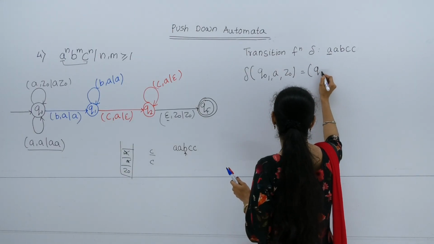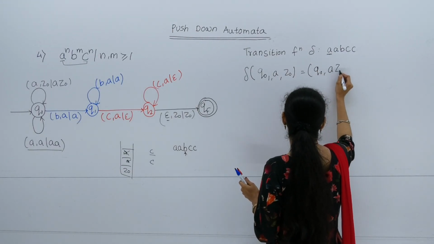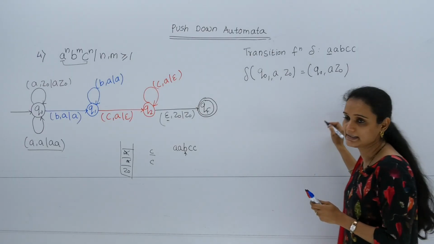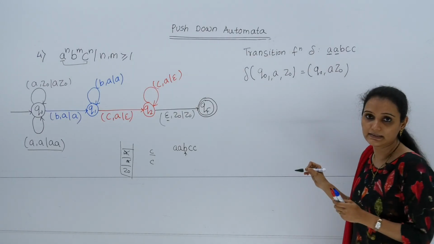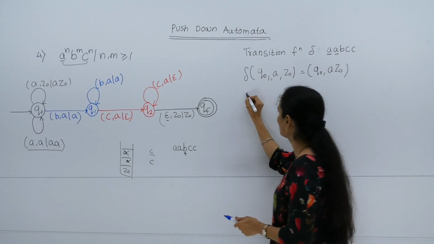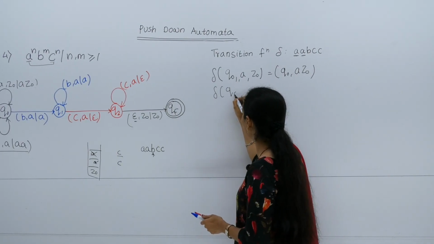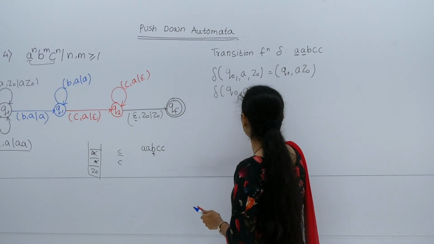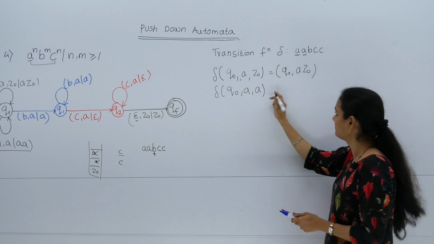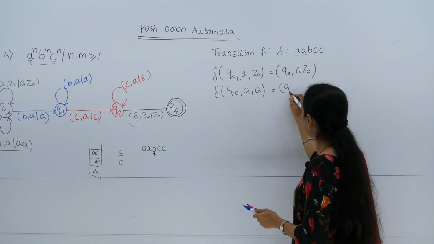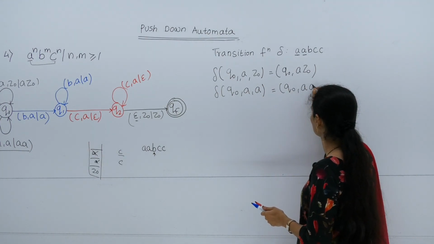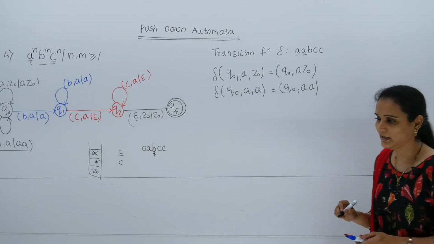It goes to Q0 and the stack contents look like A Z0. The next symbol to be read is A, therefore delta Q0, A, the top of the stack is now A, and it stays in the Q0 state and the stack contents look like AA.